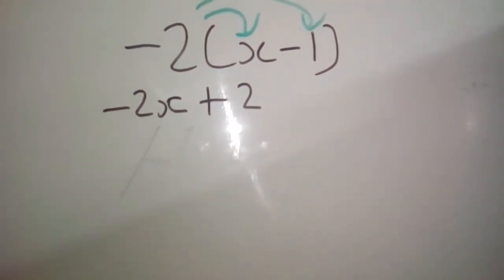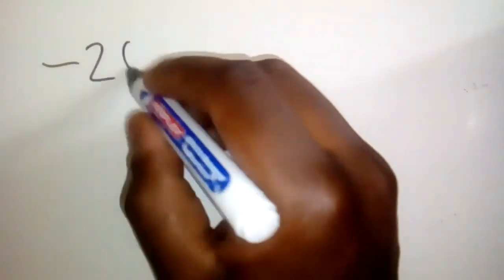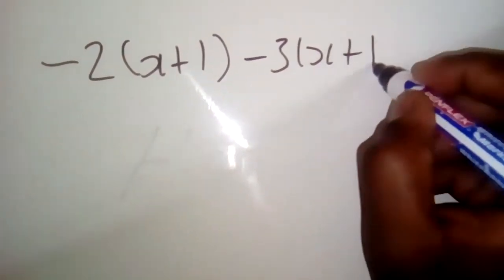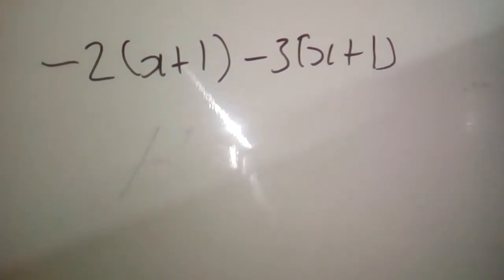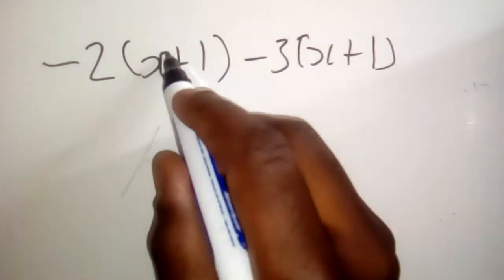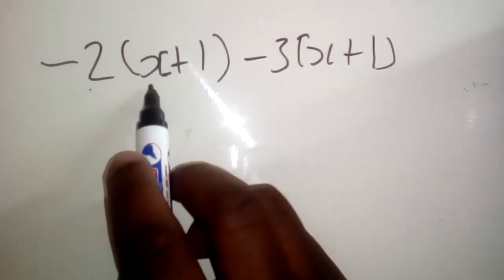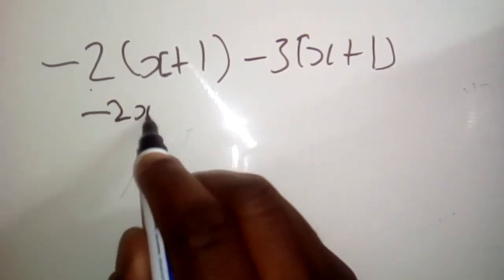Let's go to another level. Alright, so this is not difficult at all, right? You can pause the video and attempt it, and let's see if you get it. Alright, so negative 2 times x is negative 2x, right?